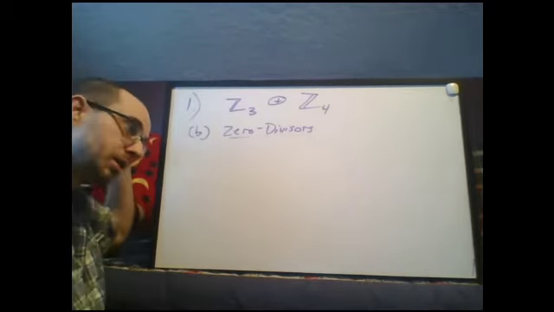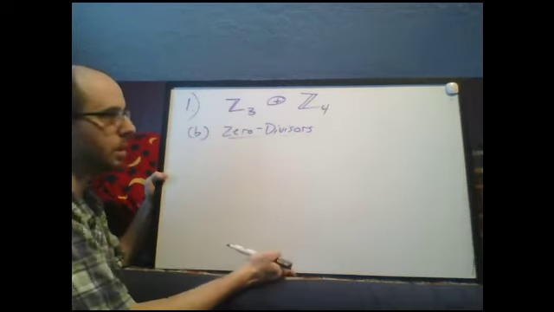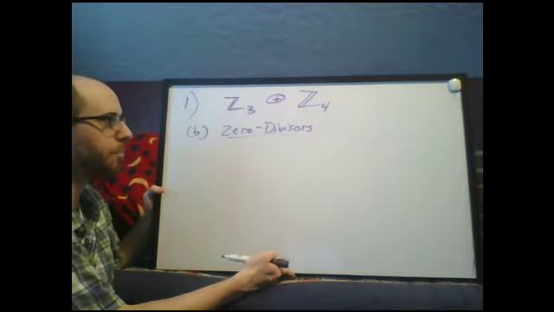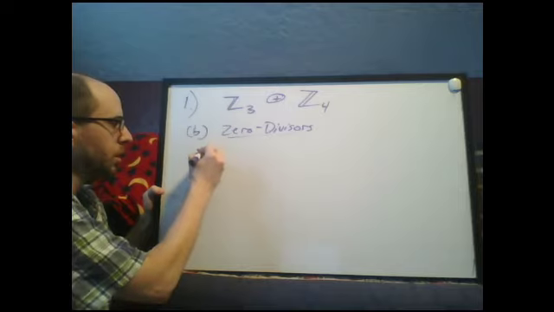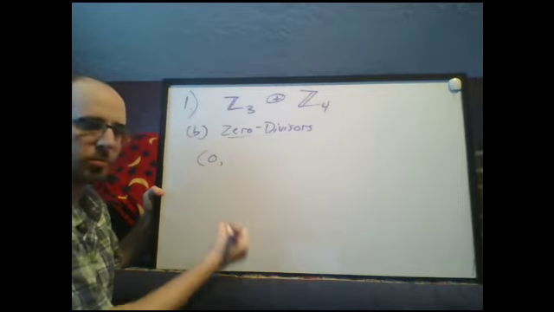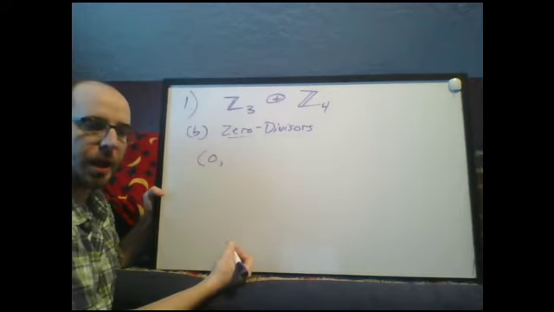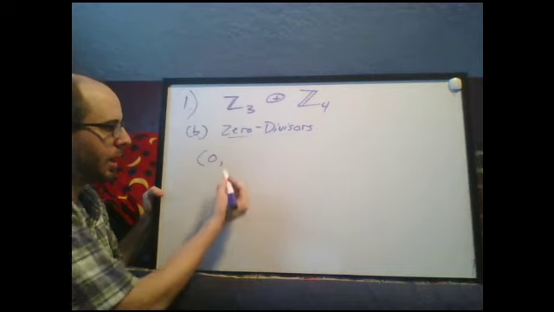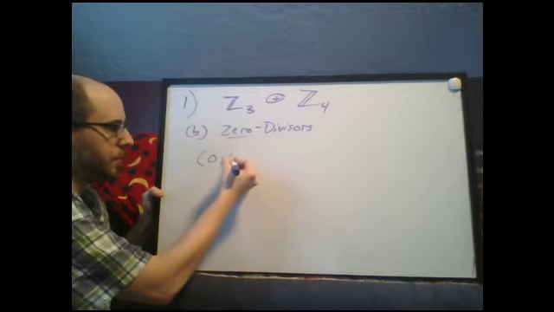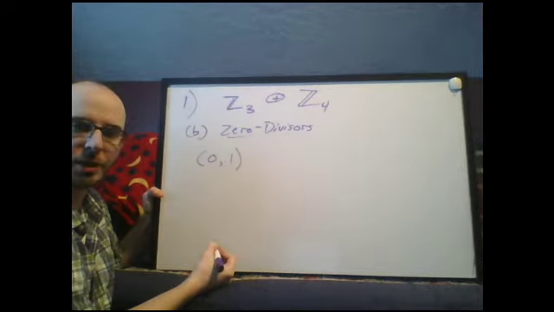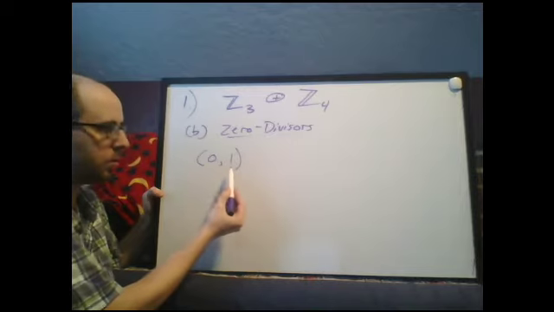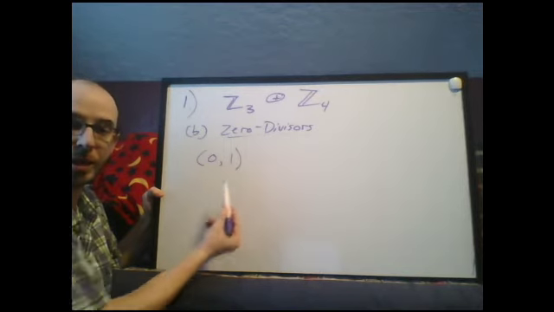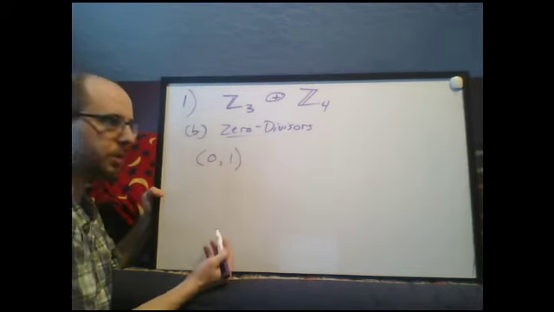All right, so we're dealing with ordered pairs again. Remember when I was talking about zero divisors, if one of the coordinates is already 0, and the other coordinate is anything other than 0. If the second coordinate was also 0, that would be a 0 element. That wouldn't be a zero divisor.